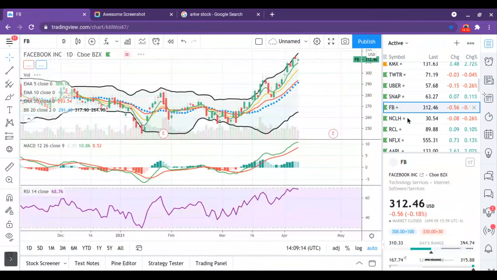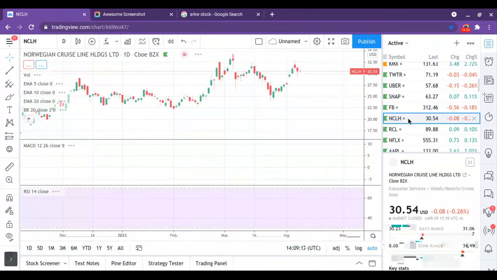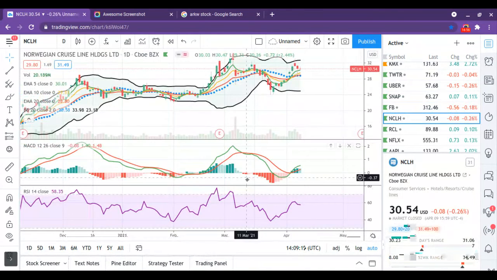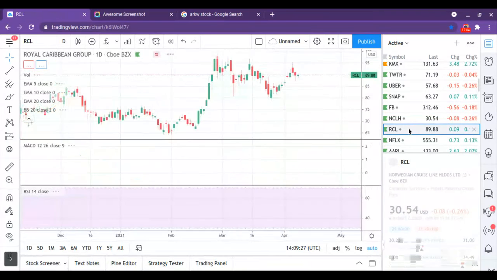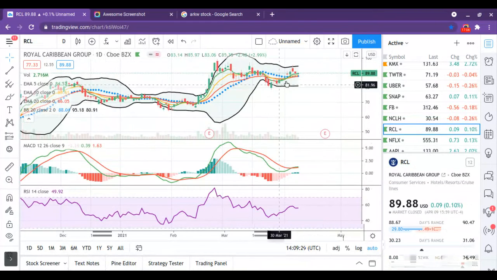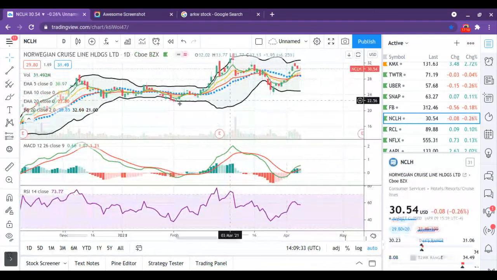And then last but not least, I'll just go over maybe Norwegian, right? The travel one. And you noticed here starting to trend up, and then it started coming back, it's starting to peel back, right? That one and Royal Caribbean tend to follow the same pattern. The reason why I watch both of these is because they kind of follow the same pattern.